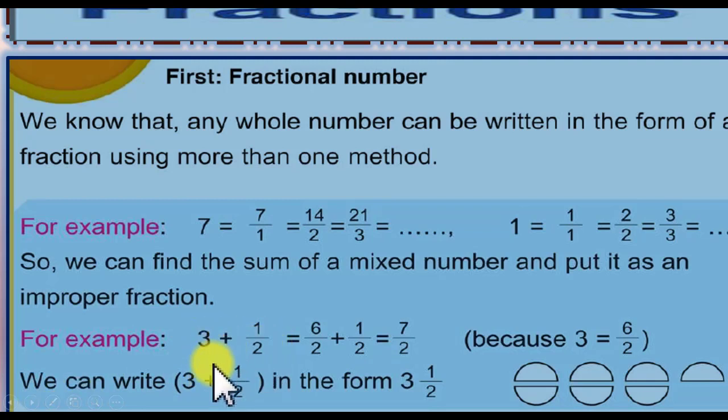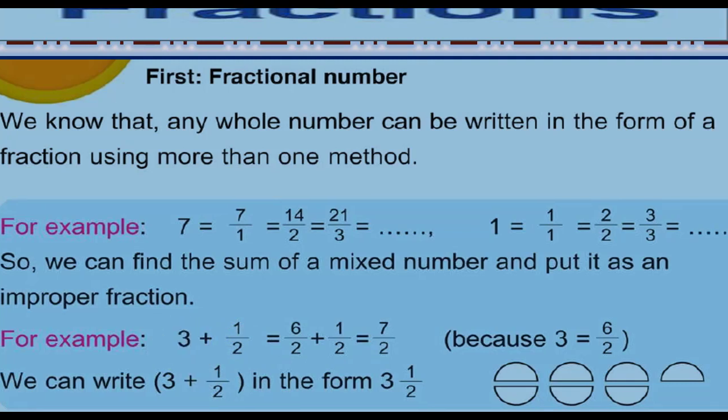So, try to convert 3 to a fraction with denominator 2. 6 over 2. We can write 3 and half in the form of 3 and half without writing plus. Okay? We can write 3 and half like this without writing plus here.